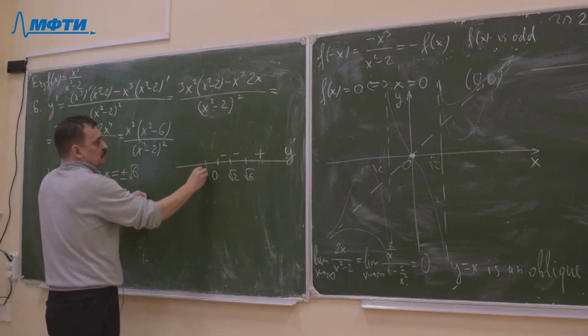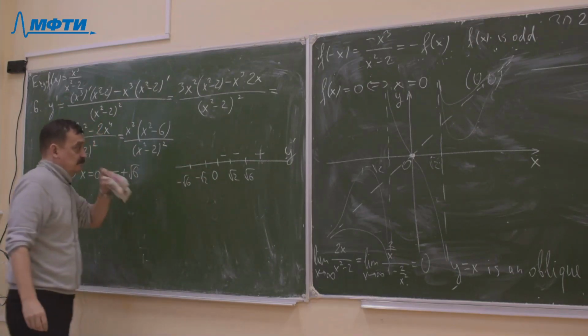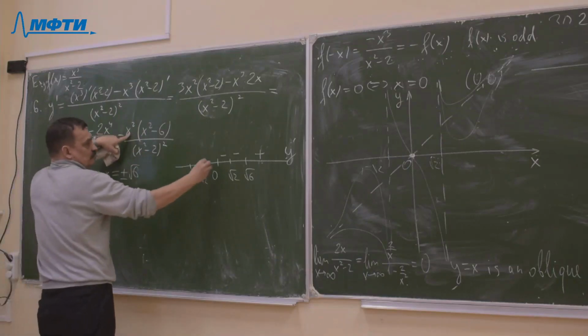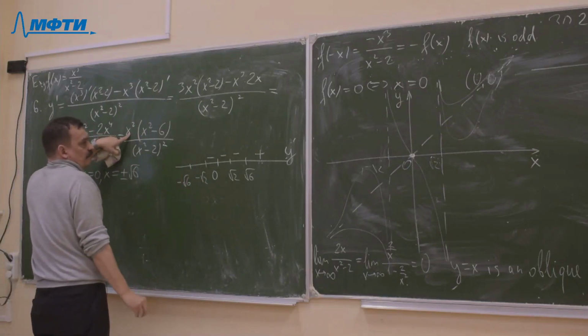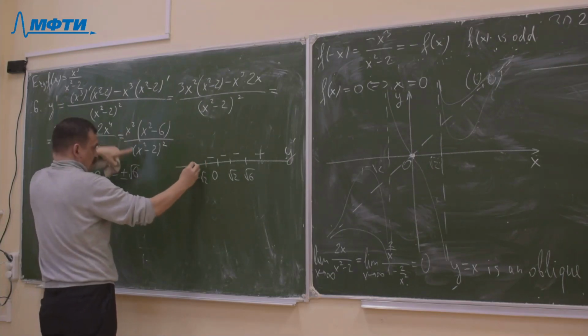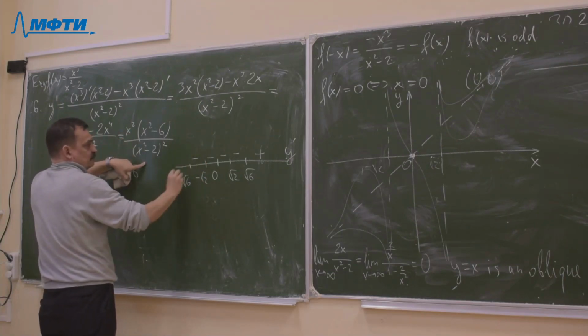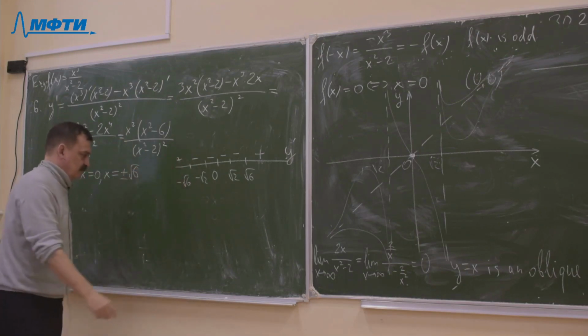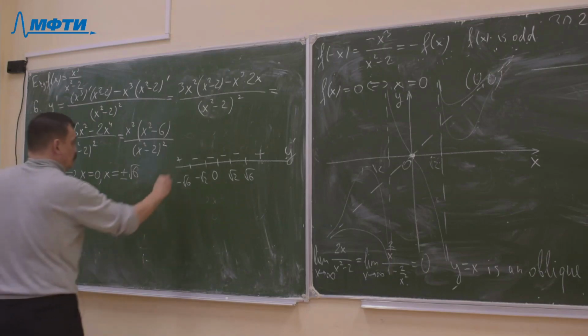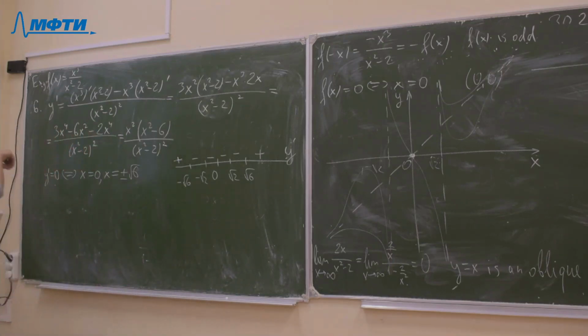We can also draw the minuses, but it is not necessary. It doesn't change at 0, it doesn't change at minus square root of 2, and once again changes at minus square root of 6.